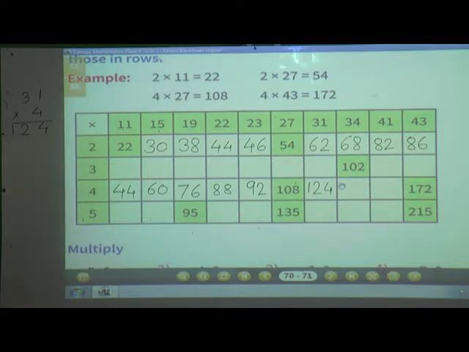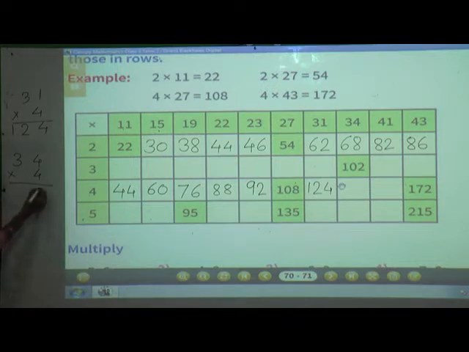Now see, next number in the row, which number is there next? 34 is there. Yes, 34, and here in the column the number is 4. So 34 into 4. We will do the multiplication and then we will write the answer. 4 4s are 16. Now see, 16 ones is equal to what? 16 ones is equal to 1 ten and 6 ones.